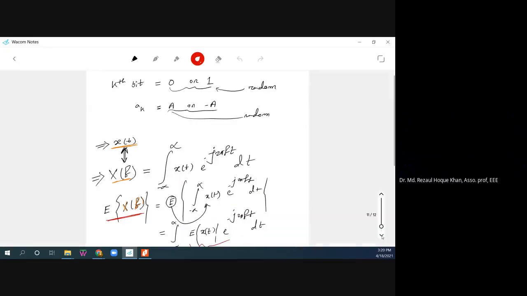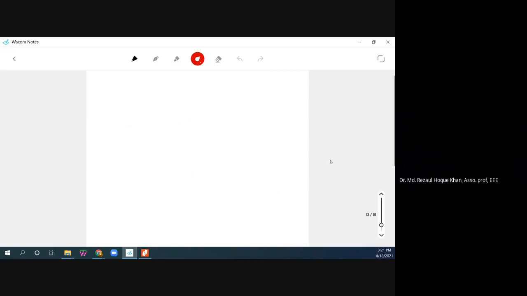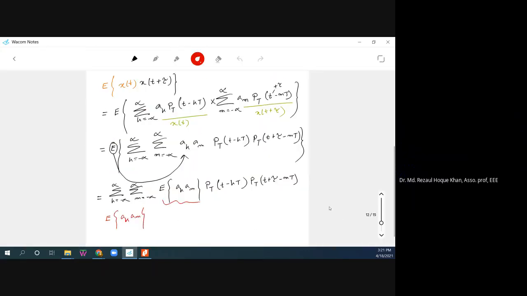Same thing, we can do it here. So we can write the expected value as E[ak] E[am], and because individually they are random in nature, each expected value is 0. So this expression comes out to be 0 because this is IID, independent identical distribution.